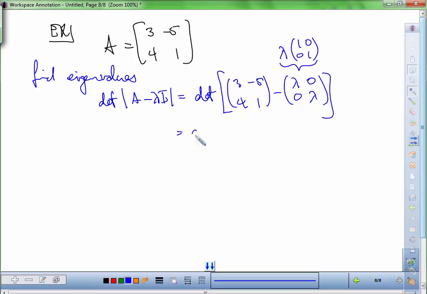So I want the determinant of 3 minus lambda, negative 5 minus 0, 4 minus 0, and 1 minus lambda.